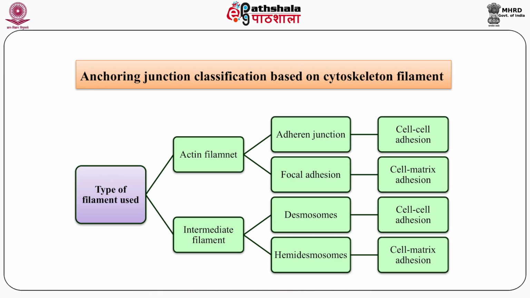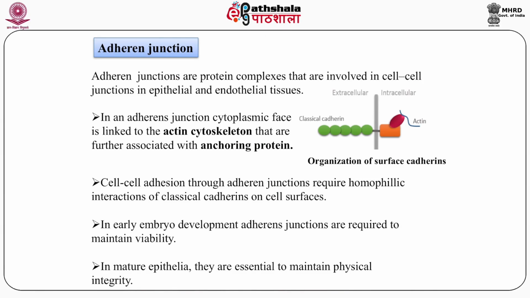Based on the presence of specific cytoskeleton filaments, anchoring junctions can be segregated into 2 types. Number 1, adherens junctions, which are found in epithelial cells and contain a continuous band of cadherin molecules, usually located near the apical surface just below the tight junctions, that connects the lateral membranes of epithelial cells.